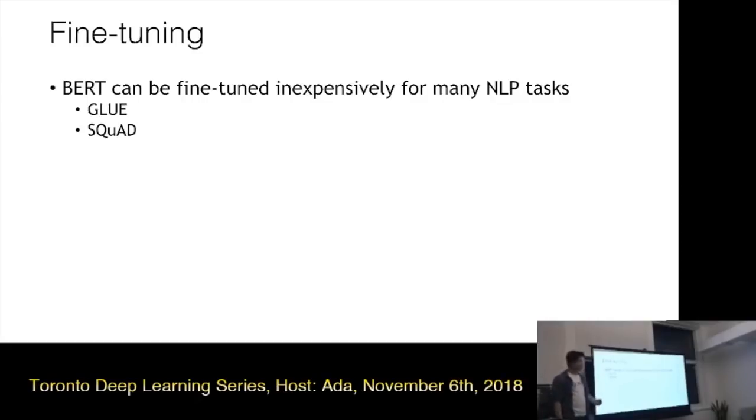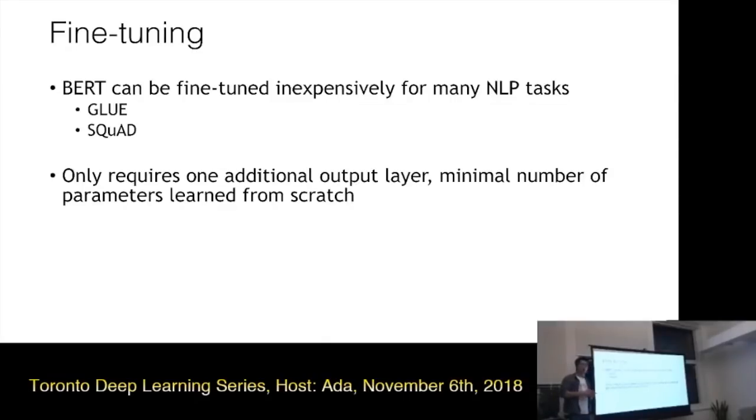We're going to take a closer look at SQuAD in a moment to see how we fine-tune BERT for that. What do I mean by inexpensively? It only requires 1 additional output layer, so a minimal amount of parameters are learned from scratch.